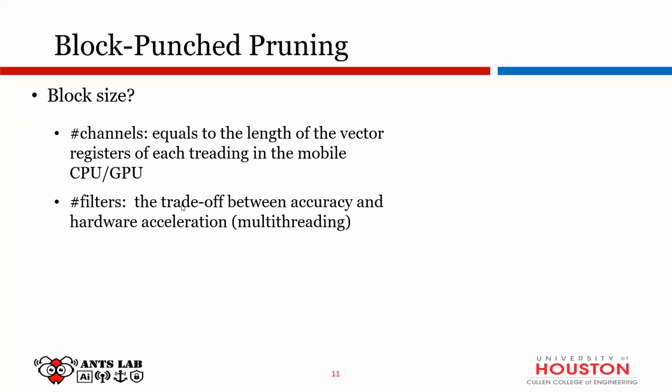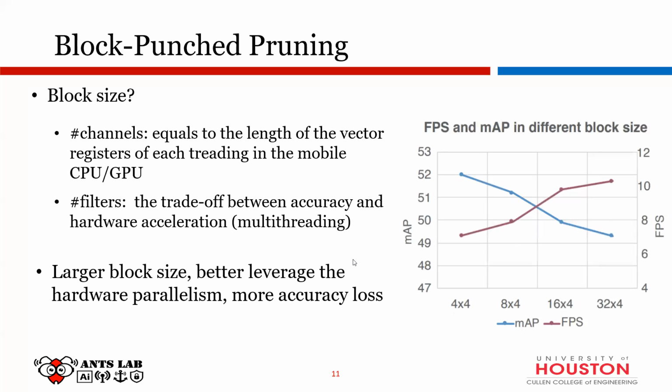And for the filters, it depends on the trade-off between the accuracy and the hardware accelerator, because multiple filters mean multiple threading tasks. So if you increase the number of filters, you can do more parallel computing. But when you increase the filters, you increase the block size, which creates fewer patterns, and it can probably degrade the model accuracy. So they did the experiment shown here.